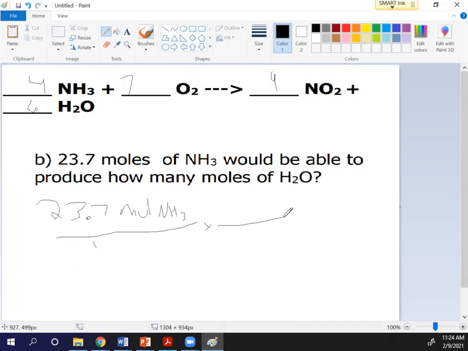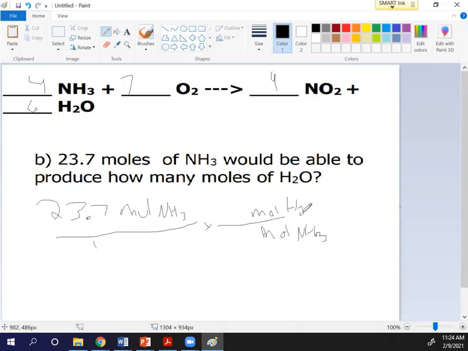Mole NH3. And on top, mole H2O, because that's my unknown. That's what my question is about.